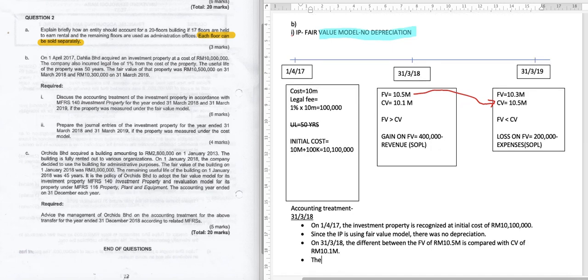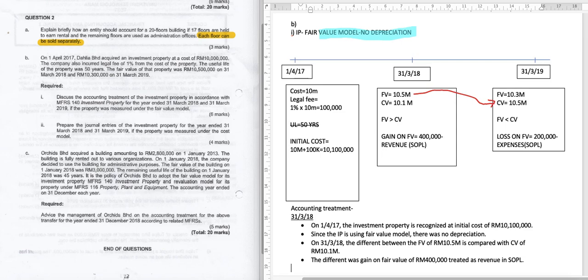Okay, the difference was gain on fair value of RM400,000 treated as revenue in SOPL.